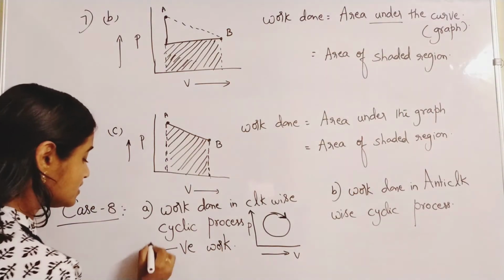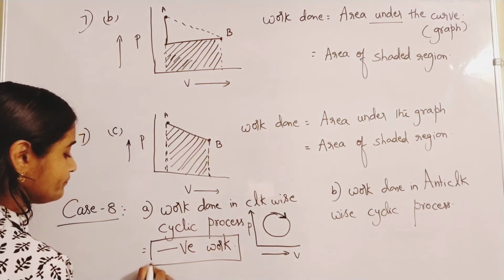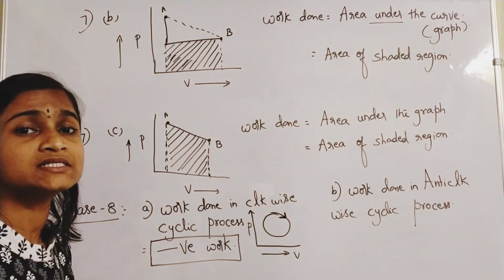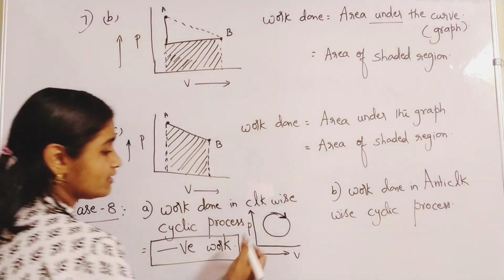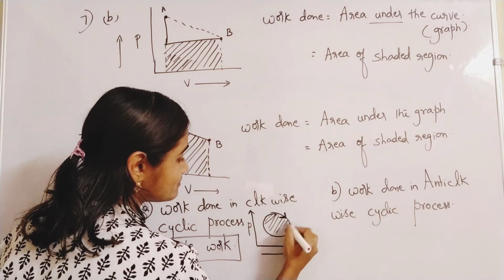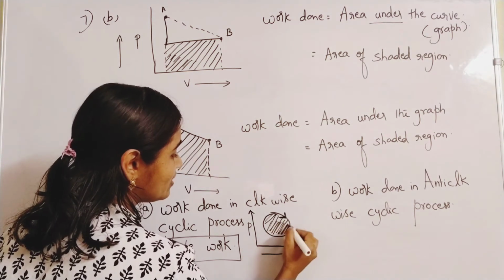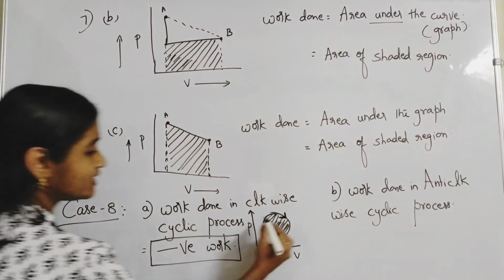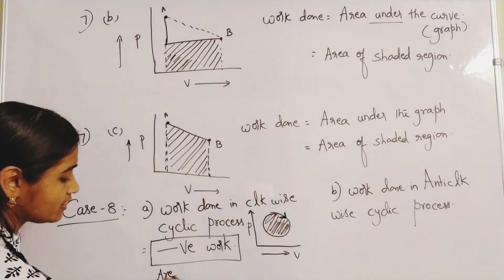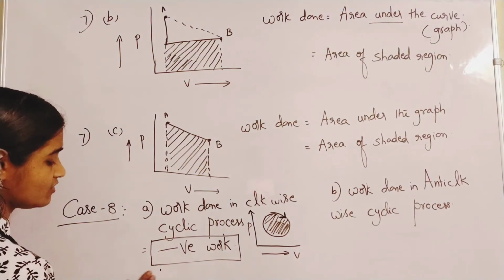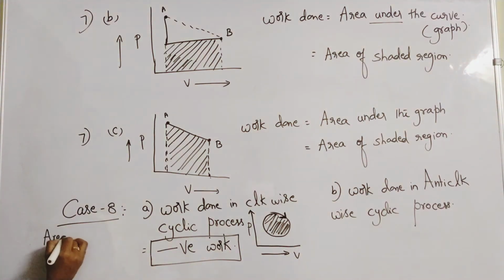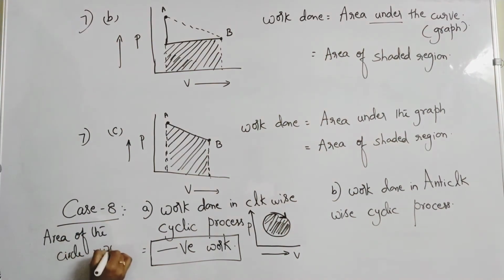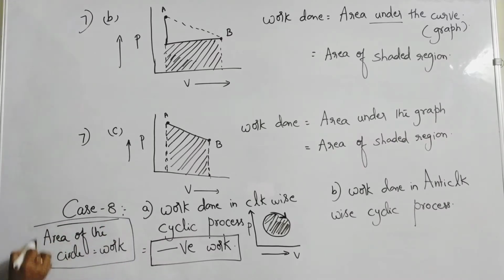Then the area of the shaded region, the area of the circle, gives the work done, but negative. The area of the circle is equal to the work; the area of the circle will give you the work done.